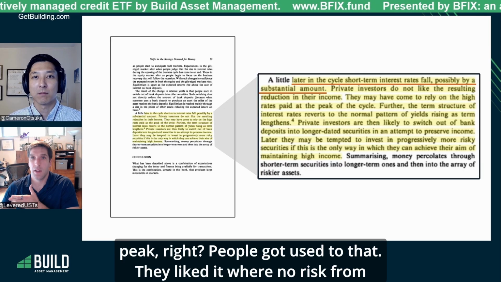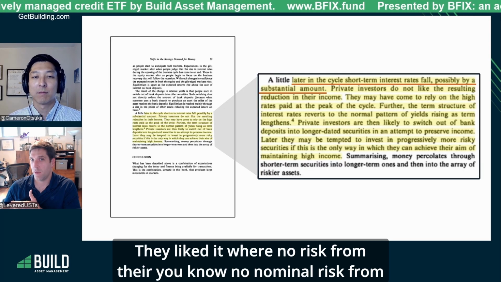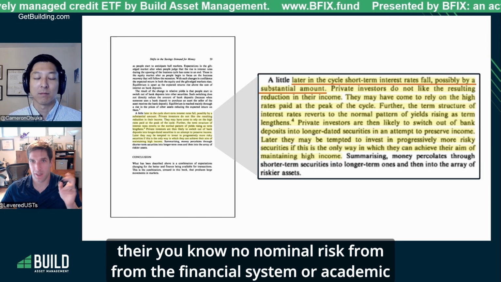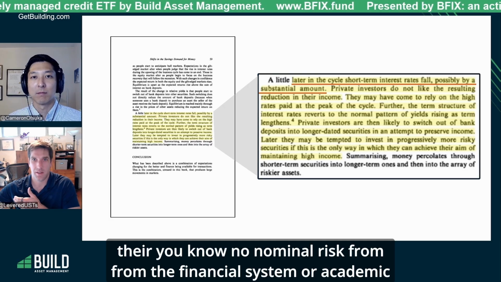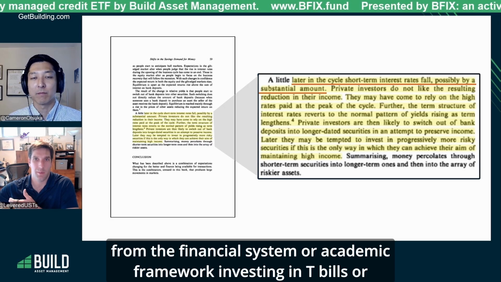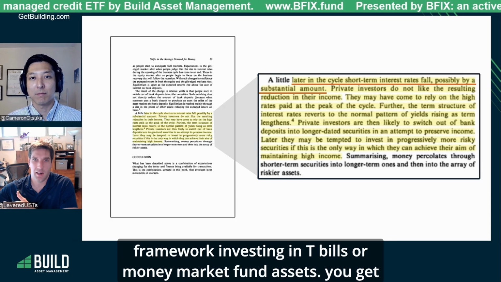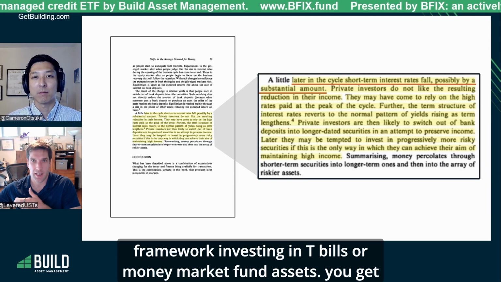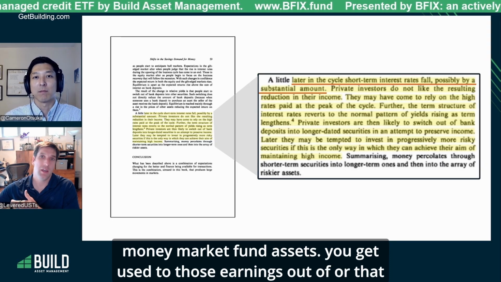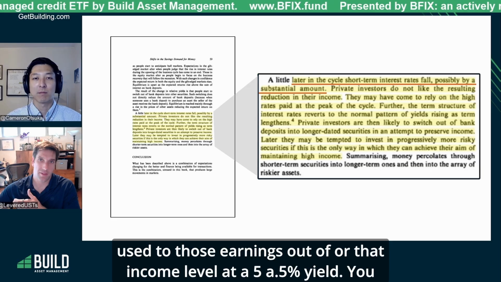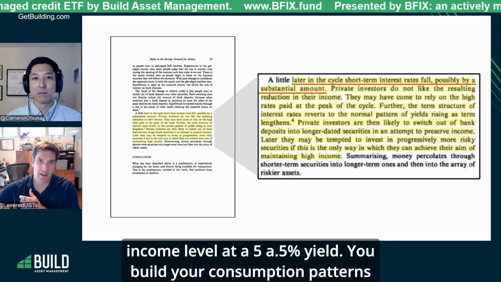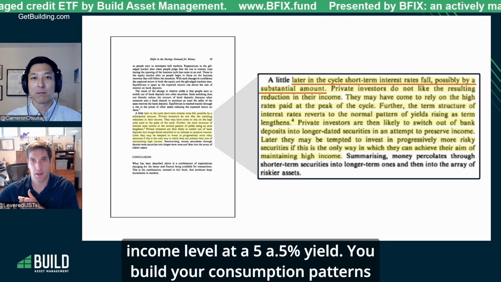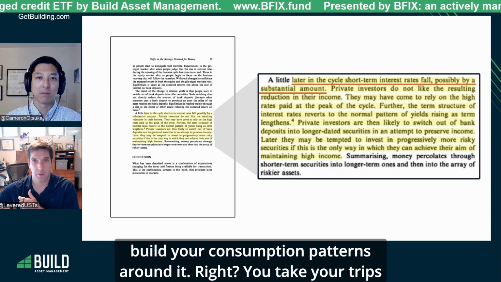They liked it, where no risk from there, no nominal risk from the financial system or academic framework, investing in T-bills or money market fund assets. You get used to those earnings or that income level at a 5.5% yield. You build your consumption patterns around it, right?